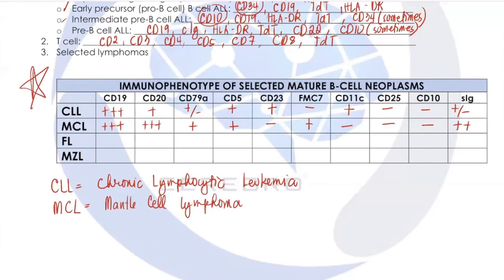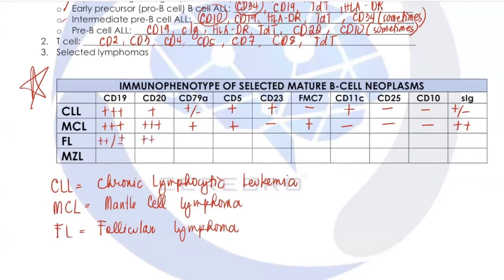Next, we have FL, or the FL means follicular lymphoma. Okay, follicular lymphoma. So for follicular lymphoma, you will have positive or at least not trace reaction for CD19.